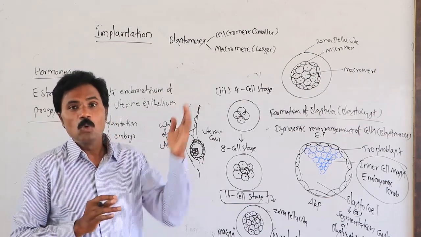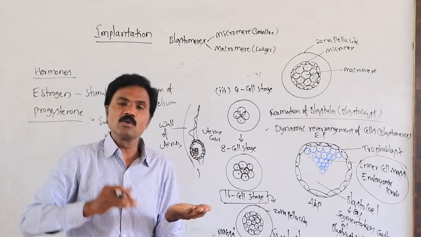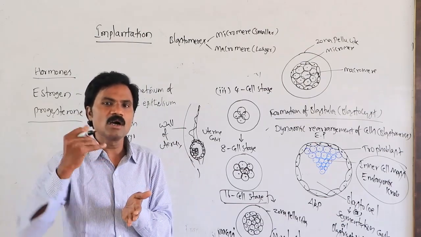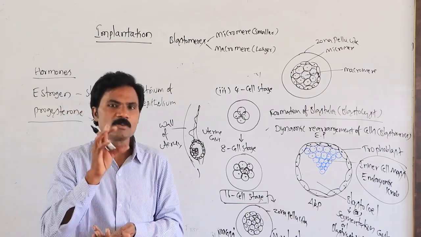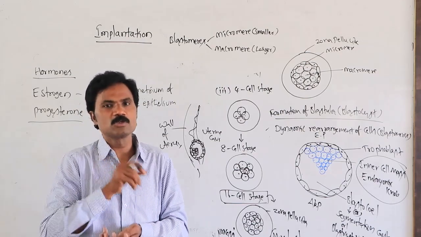Similarly, ovulation takes place on the 14th day or on average between the 10th and 20th day. It depends upon hormonal cyclic changes, the particular organism and the particular female reproductive system.